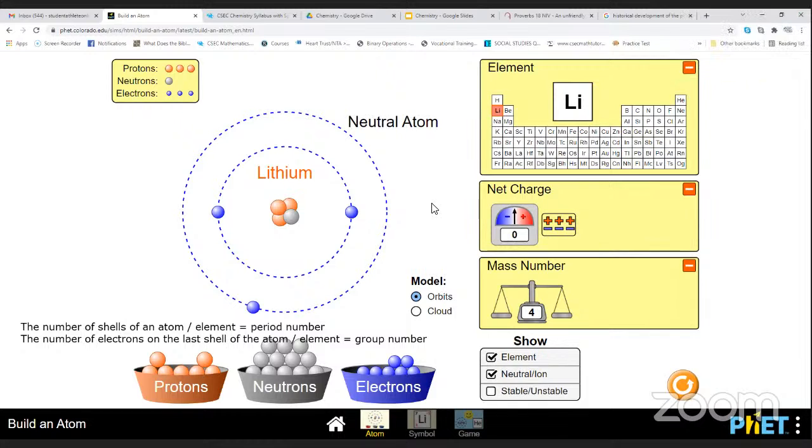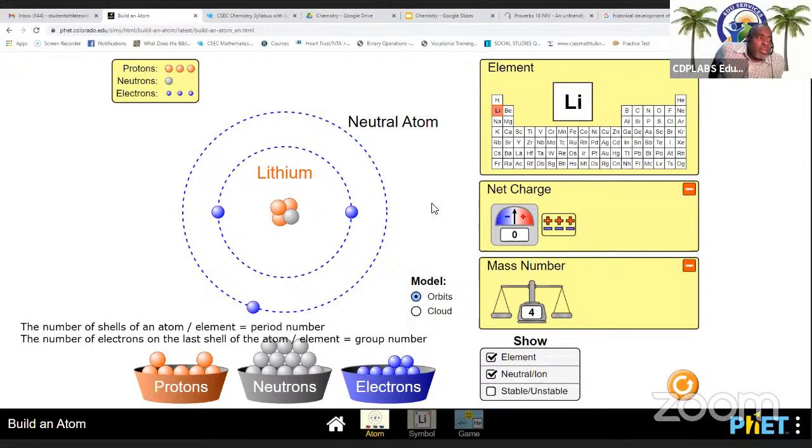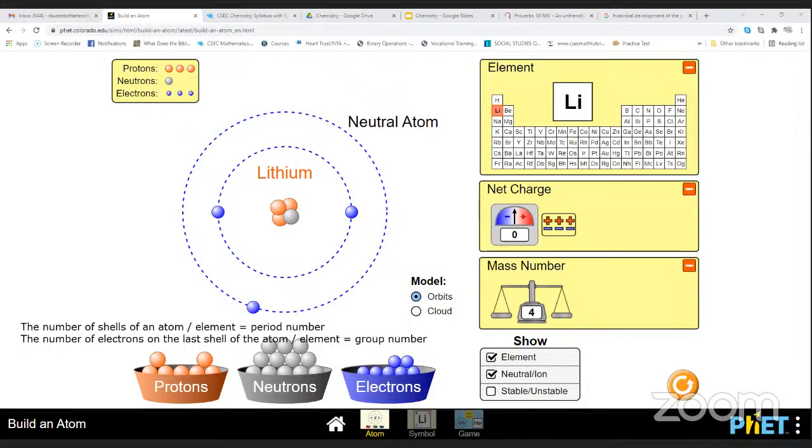Excellent. Very good. So the next question then is, what is the group number? What's the group number for lithium? The group number will be 3.